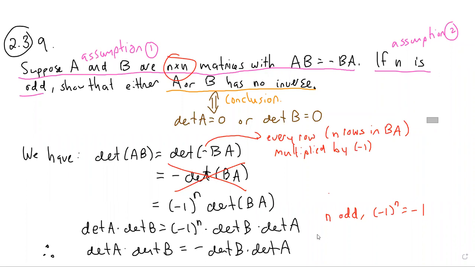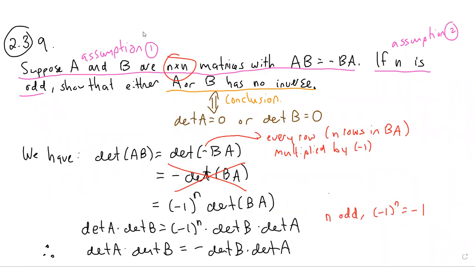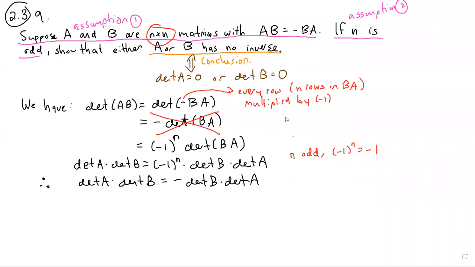A nice conclusion that we can make from this. The only way that these two sides are equal to each other, making note of the fact that this and this are the same thing, is that those green chunks must be equal to 0.